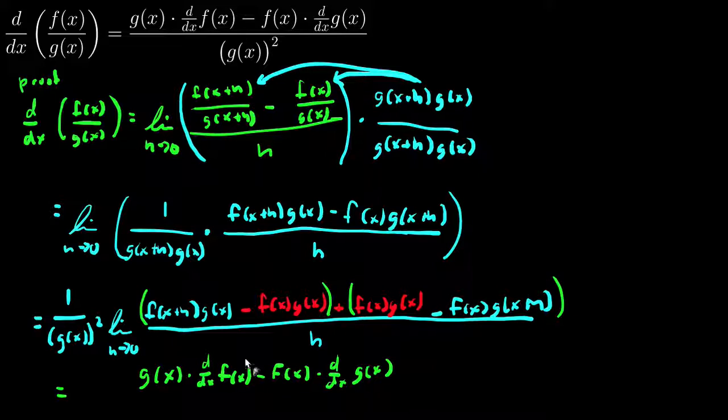Notice the limit of this over h is what gave me the derivatives, but I still have this g of x squared in the denominator, and that gets me to where I wanted. I skipped a little step there for space's sake, but that's the idea for the proof of this.